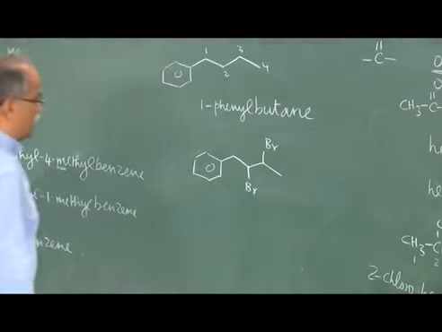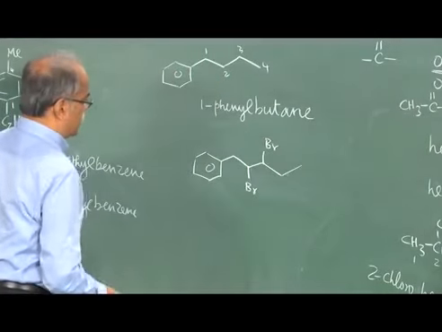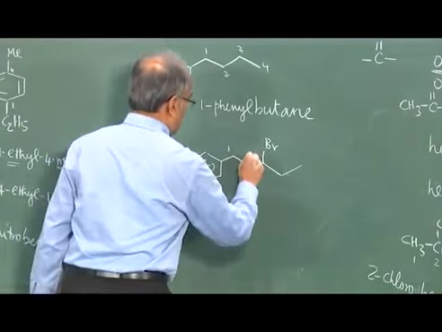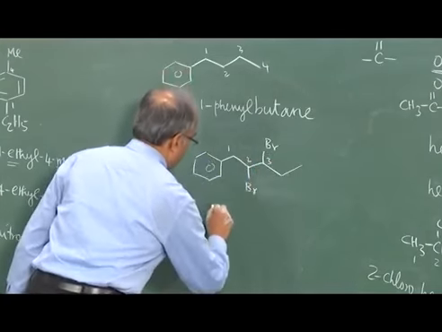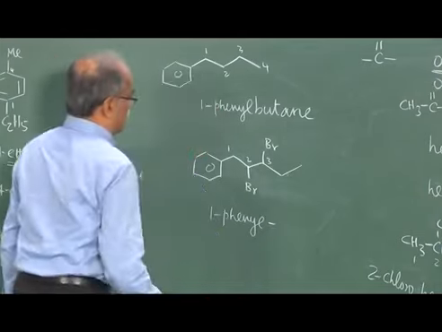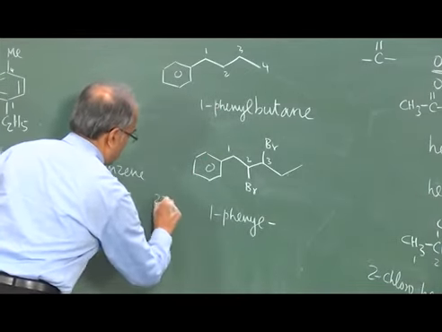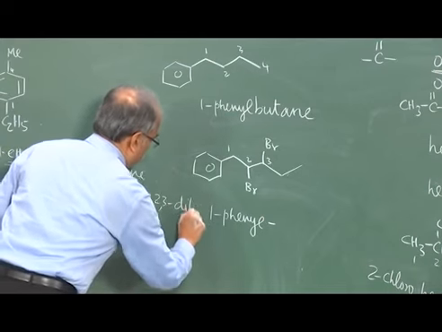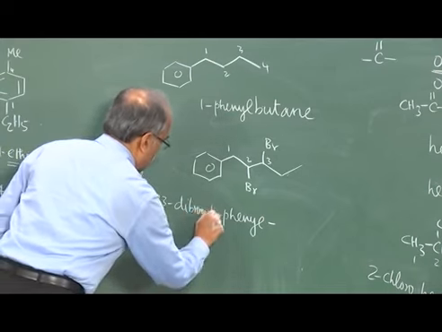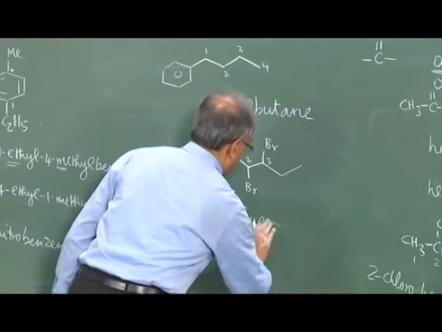If you consider this particular compound, this is pentane. So, this is 1, 2, 3. So, 1 phenyl. This is a bromo, 2,3 dibromo. So, bromo comes first before phenyl, 2,3 dibromo, 1 phenyl, 1, 2, 3, 4, 5 pentane.